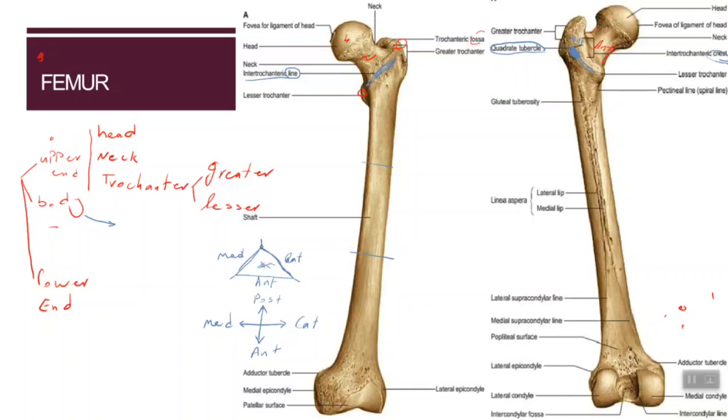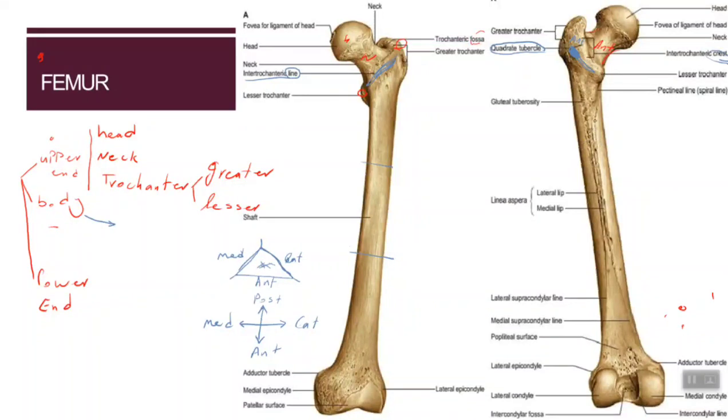The posterior border is important because it is more detectable compared to the other borders, and its name is the linea aspera. You can see here, this is the linea aspera. Aspera means rough. The linea aspera has two lips or two borders.